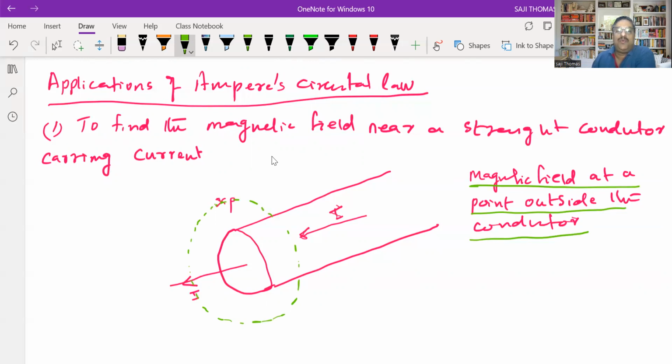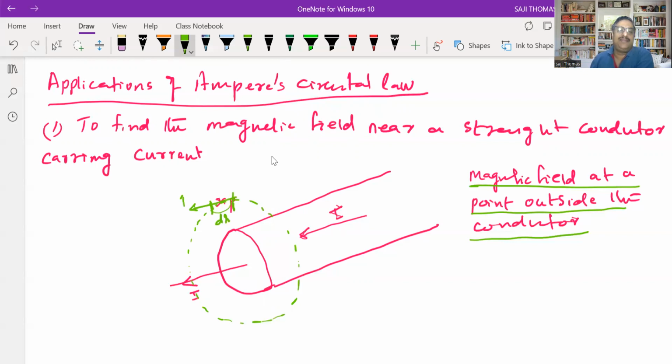At this point, you can use the right-hand thumb rule to find the magnetic field direction. Current is represented by the thumb, and the direction of field lines is in this way. Imagine a small elementary length here, dl.